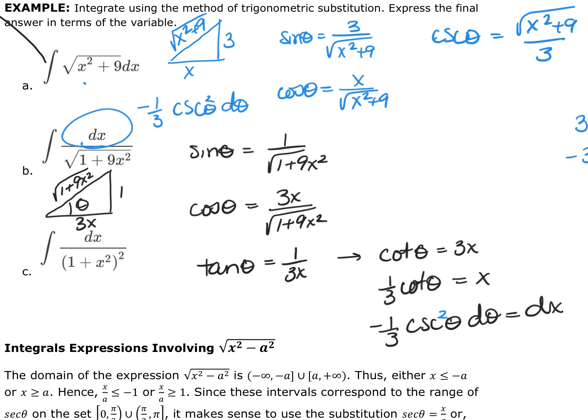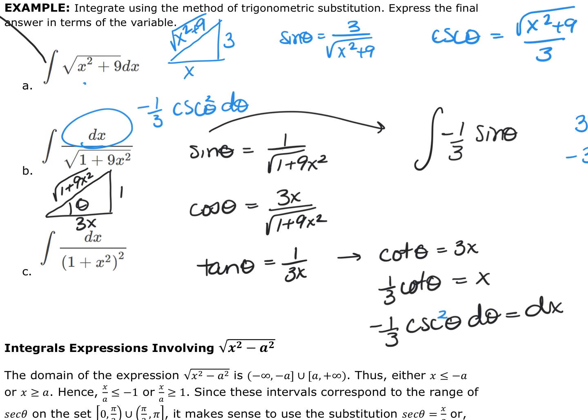And let me erase this because it's kind of getting all muddy again. The square root part, notice the sine of theta is equal to 1 over the square root. So this 1 over the square root can get replaced with just sine. So then this becomes the integration of negative 1/3 the sine of theta. That's a replacement for 1 over the square root.